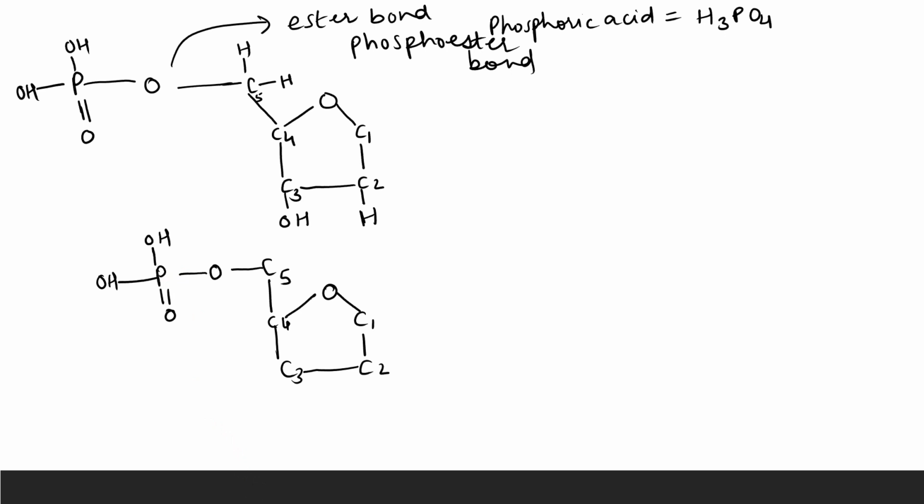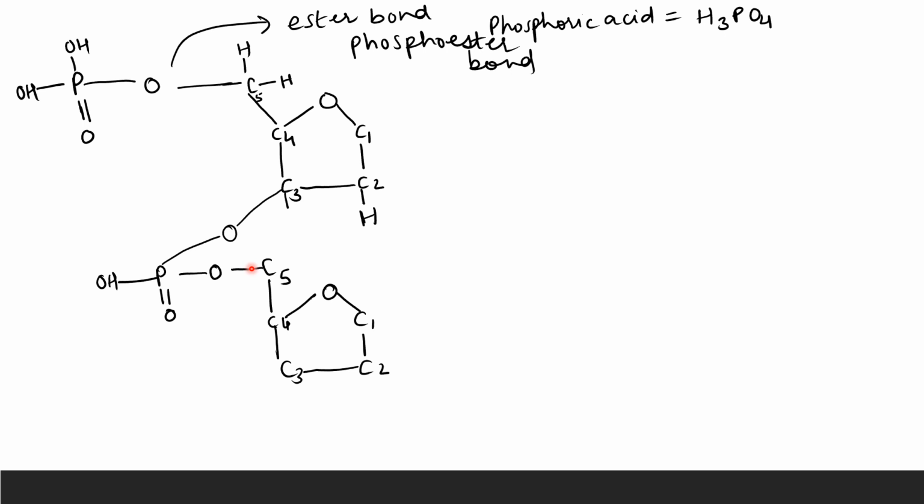Now let's join them. So from here OH is gone, and from here H is gone, right? Now let's make the bond, and this is the bond which will occur. This bond is also known as a phosphoester bond. Now you can see there are two bonds, one bond is this and one bond is this.